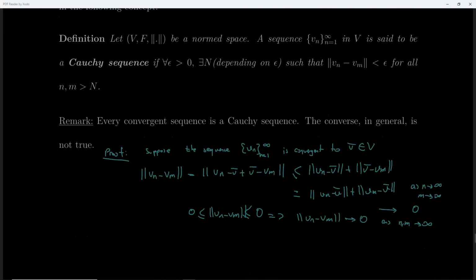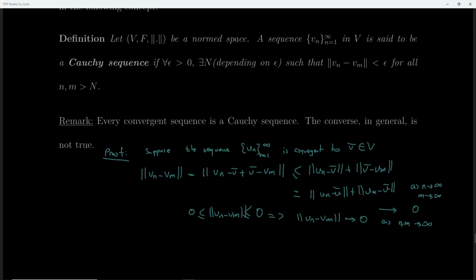Here we said that as n and m go to infinity, I'm looking at the sum of two non-negative terms, right? Evet. So I'm looking at this expression, and that expression is the sum of two non-negative terms.